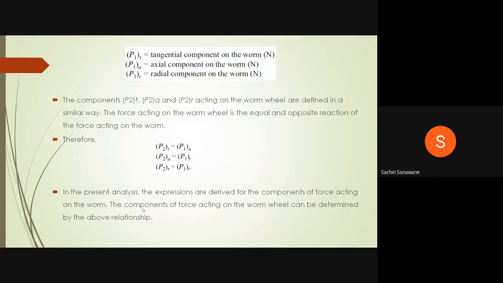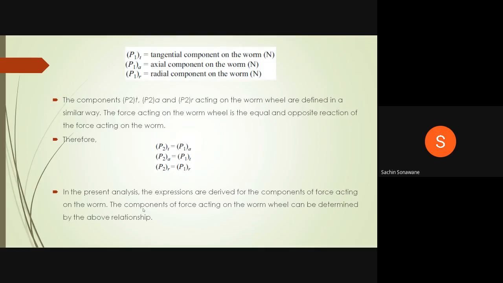Therefore, P1T is equal to tangential component on the worm in Newton. P1A is equal to axial component on the worm in Newton. P1R is the radial component on the worm in Newton. The components P2T, P2A and P2R acting on the worm wheel are defined in a similar way.